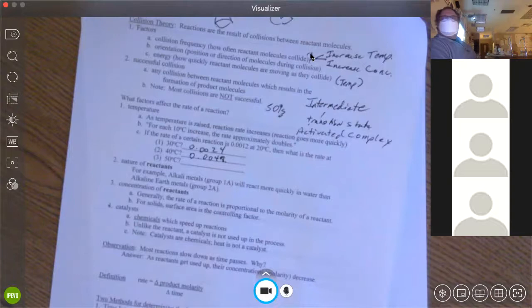Well, what is the temperature of this room? You remember the thermometer over there? You want to check it out? You can get up. You don't have to stay seated.